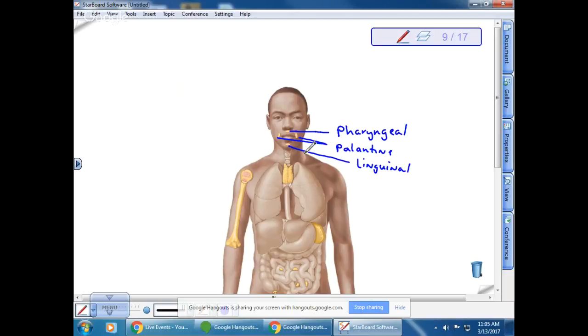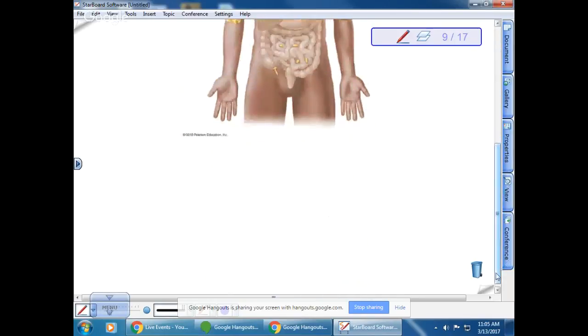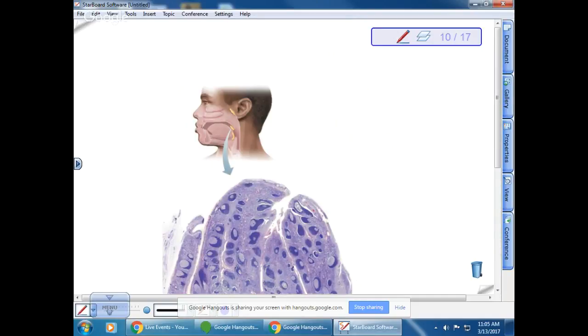Okay, so if we go down, we look at the other diagrams. Separate page for me, okay? So this right here would be the pharyngeal, so that's way up where your adenoids are. This one right here would be the palatine. And this one right here would be the lingual.